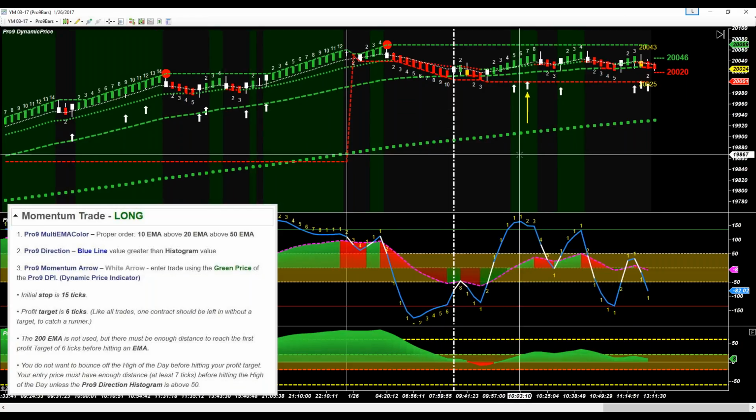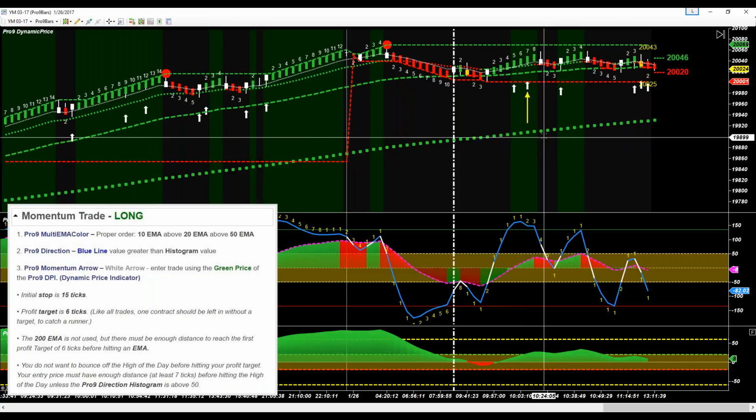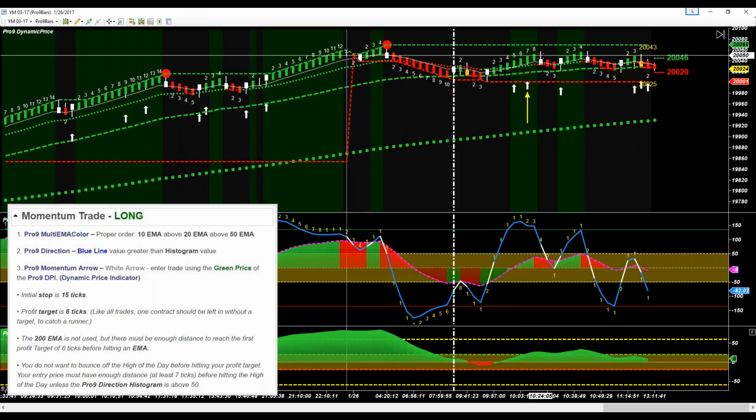You'll see that happen with momentum trades. It won't happen with the other trades because the momentum trade is looking for a 6-tick profit target. So you'll often reach profit target before the second bar closes, as opposed to trades with an 8-tick profit target. You would have to see 2 complete bars after your entry bar.